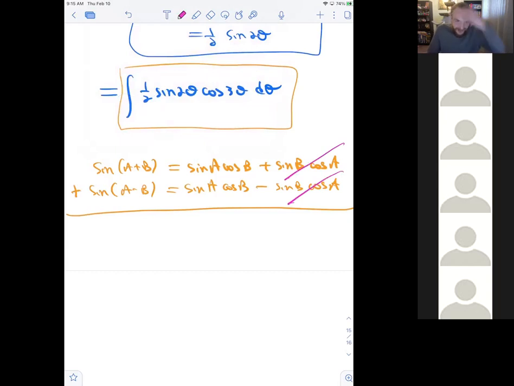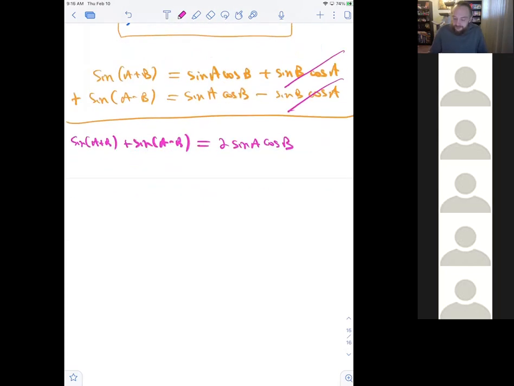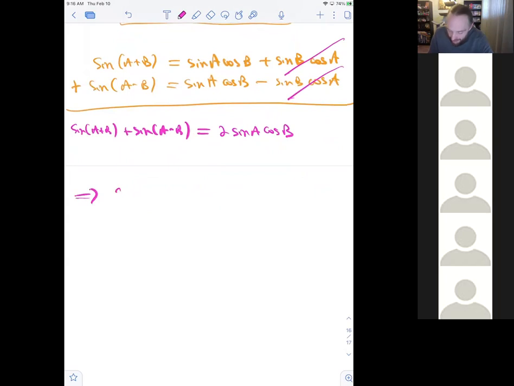Do you see what the clever trick is going to get here? Now on this side, we get sine(A plus B) plus sine(A minus B) is equal to 2 sine A cos B. Or the thing we want, if you have a sine A times a cos B, this is equal to 1/2 of sine(A plus B) plus sine(A minus B).